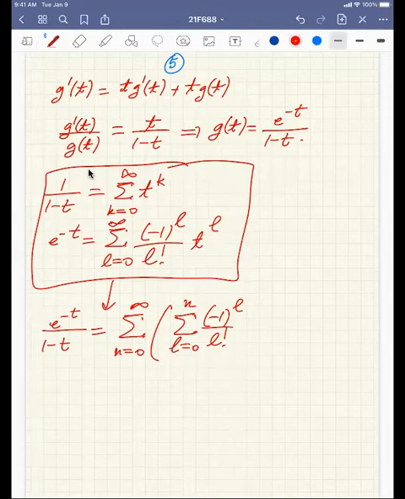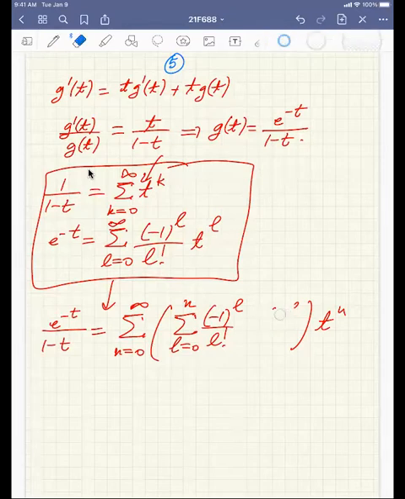This should multiply here by the coefficient of t to the n minus L from the other series, but all those coefficients are 1, so it makes our life easier, times t to the n. So we get this expression.